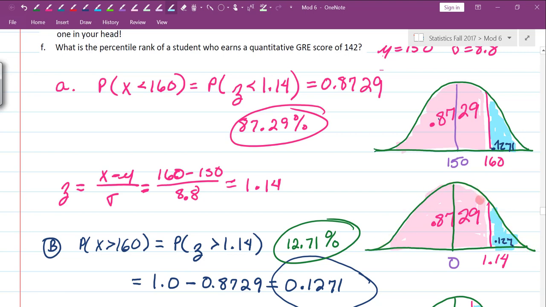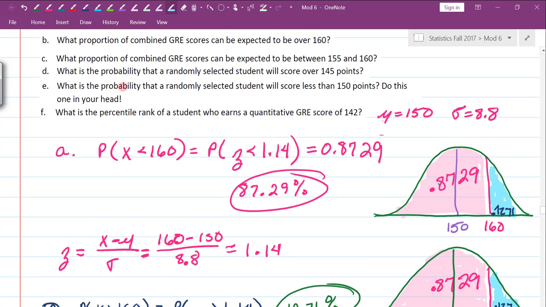We know that it's symmetrical, so half of the area under the curve is on the left, half is on the right. So if we're looking for less than 150, that's on the mean, so that means 50% is on the left, or 0.5. So what is the probability that a randomly selected student will have less than 150? The answer is going to be 0.50.